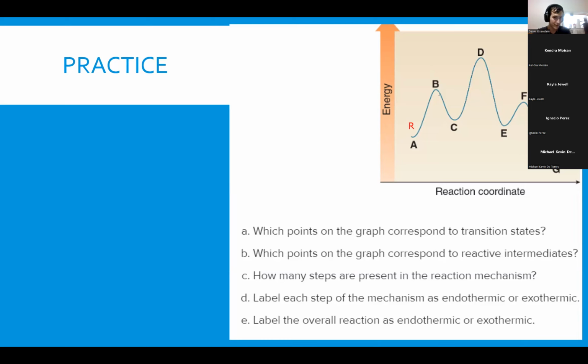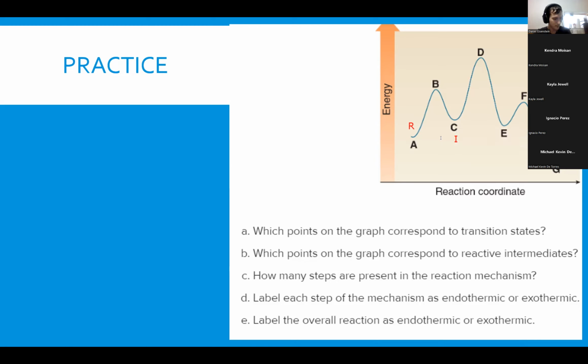Is B the intermediate or is C the intermediate? All right. Everyone who answered it got it right. So C is going to be the intermediate.